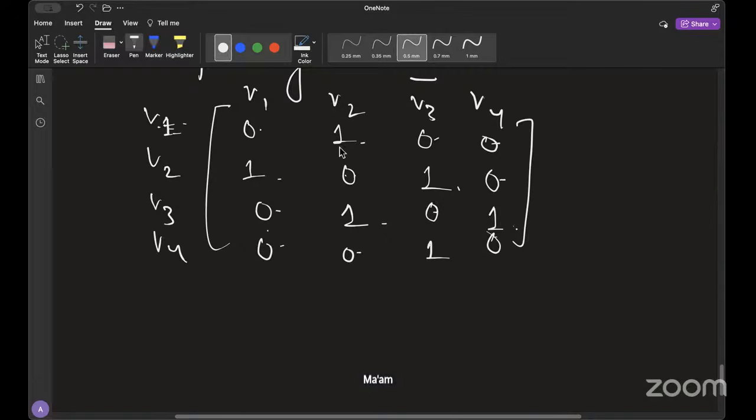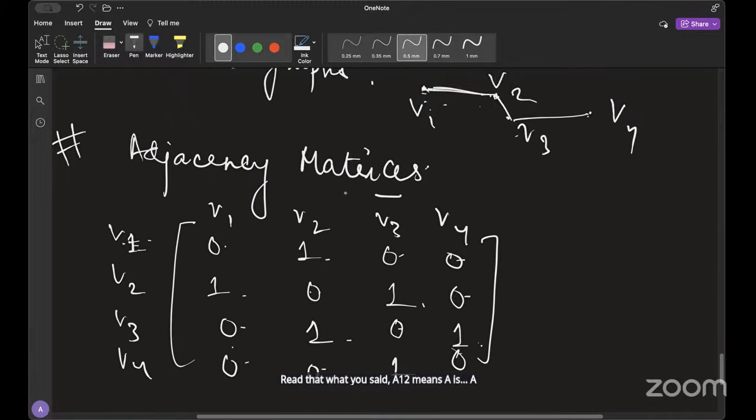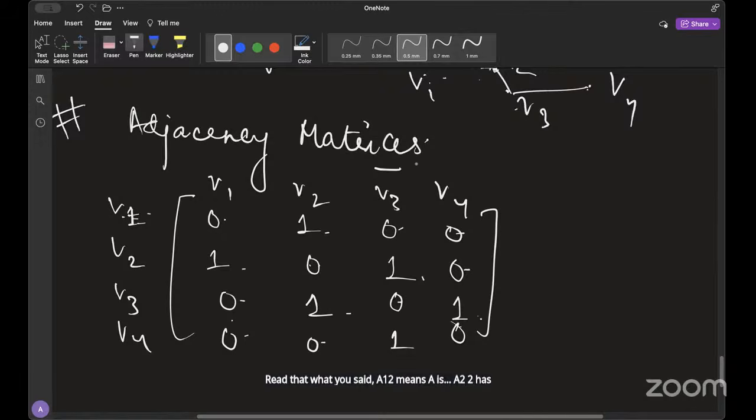Someone asks how to read A21. This is how we represent it.